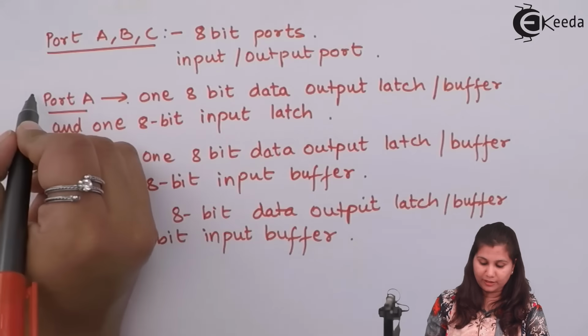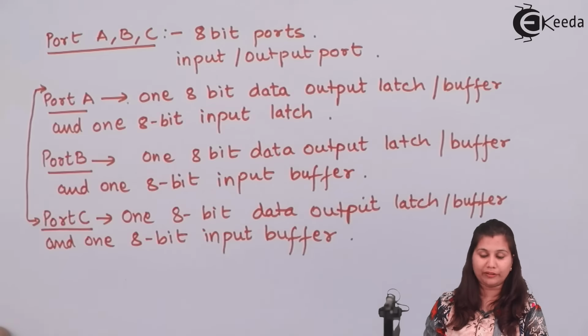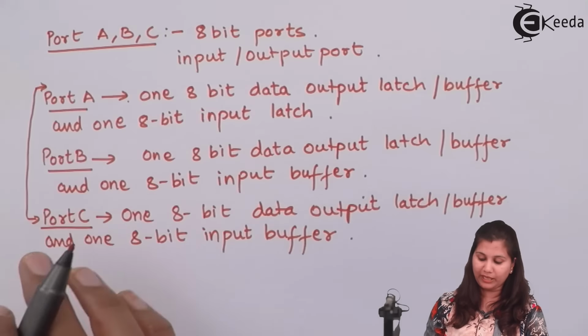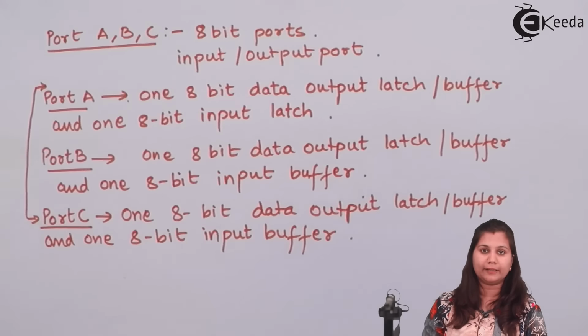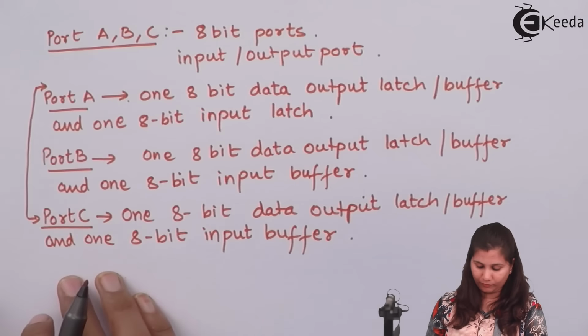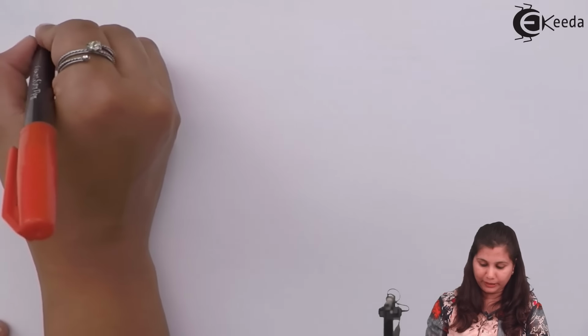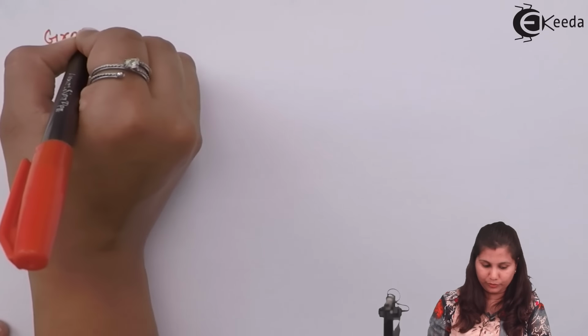So these three ports are available in the 8255, and for each port we have an output latch and an input latch. Now next we have the Group A and Group B control.